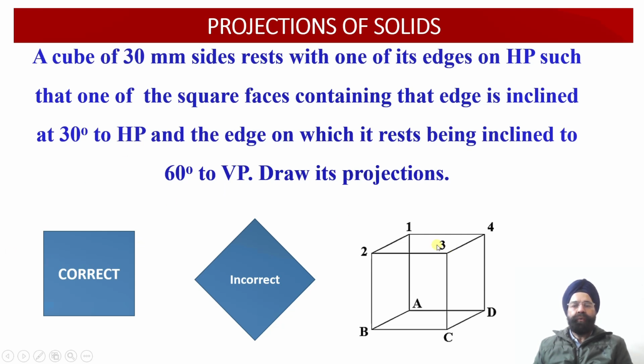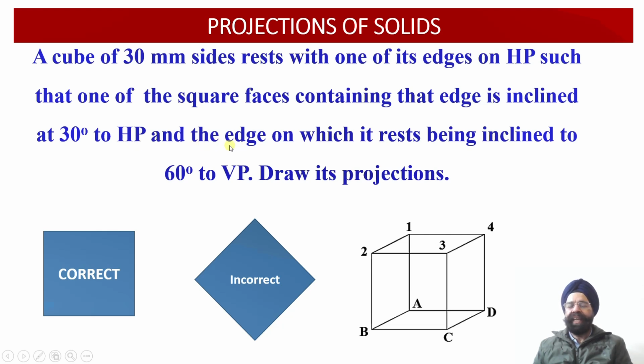Now once we incline the solid in this orientation, we will find that the solid is resting on the edge CD onto the horizontal plane, while the base ABCD happens to be inclined at an angle of 30 degree with respect to the horizontal plane.